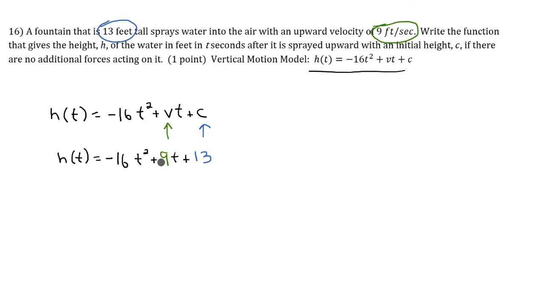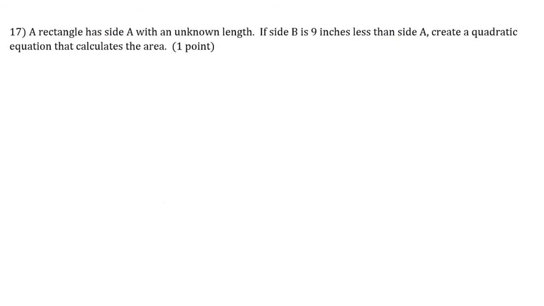If you ever wanted to replace t, that just means you'd replace it with a number of seconds, and that would give you the height at that point in time. So if you plugged in a 3 for t, that would give you the height at 3 seconds.